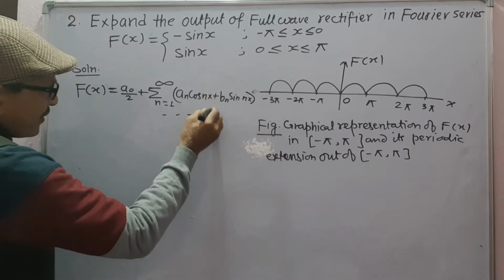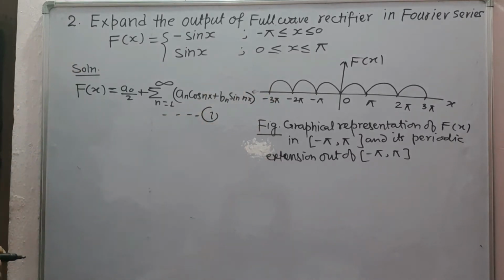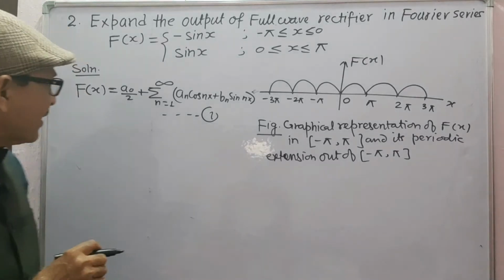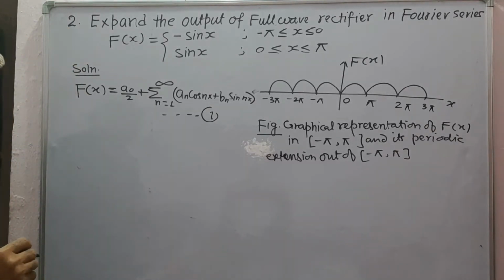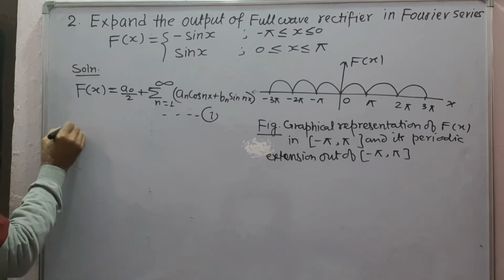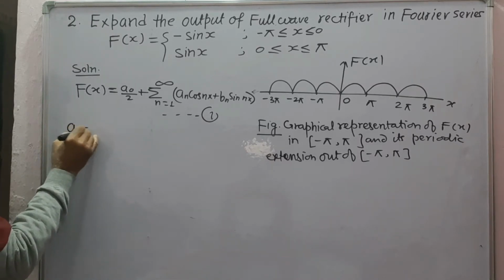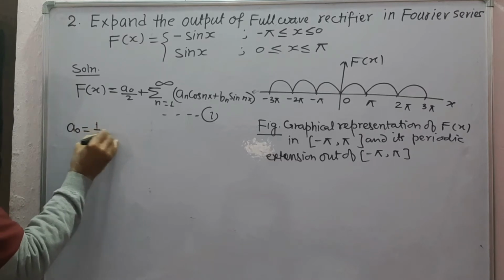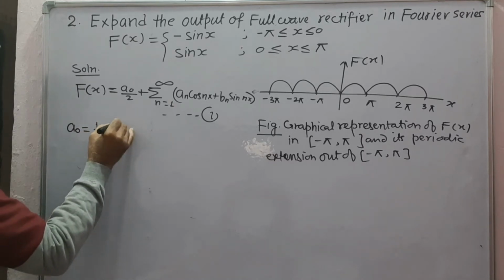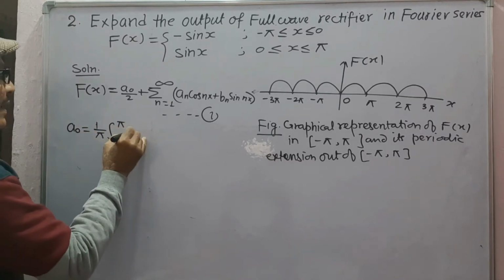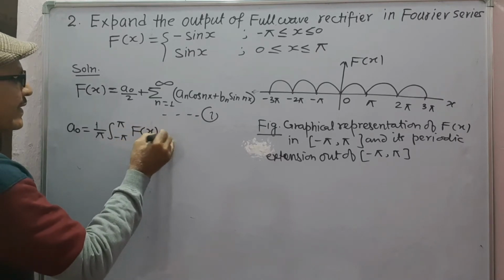Suppose this is equation 1. Now we have to find the Euler's coefficients a naught, a n and b n. Here a naught is 1 upon pi integral from minus pi to pi f(x) dx.